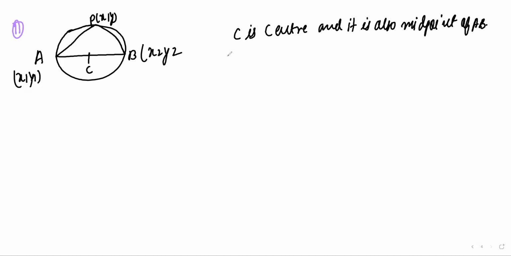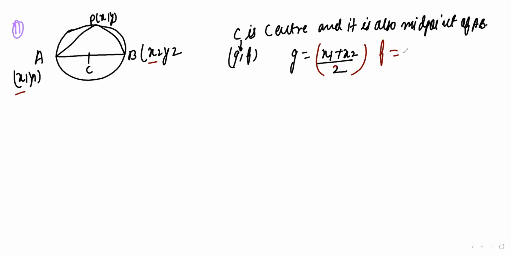So you can get the coordinates of C by the midpoint formula. Suppose this is G comma F, if I am taking the coordinate of C, so G will be equal to x1 plus x2 by 2. So this is your x1, this is your x2, so we have added. And next is F, so it is y1 plus y2 upon 2. So this is the center of the circle.